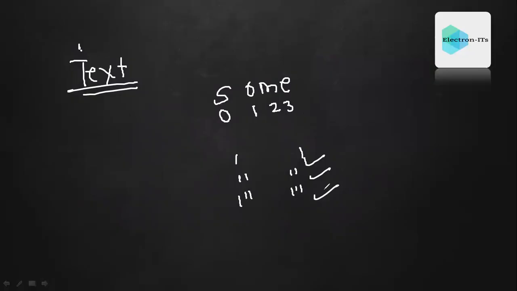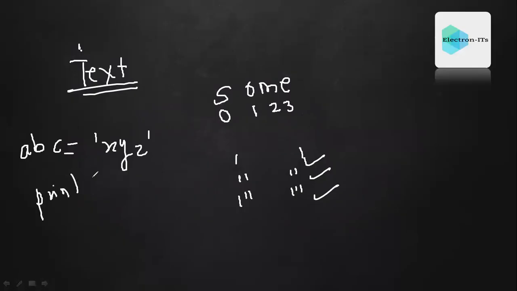Triple quote is used for multiple-line commenting, and double quote or single quote for strings. For example, suppose here ABC. Now, as we have discussed, ABC is one variable, and there we are storing the string XYZ. So XYZ is acting as a string and ABC is acting as a variable.